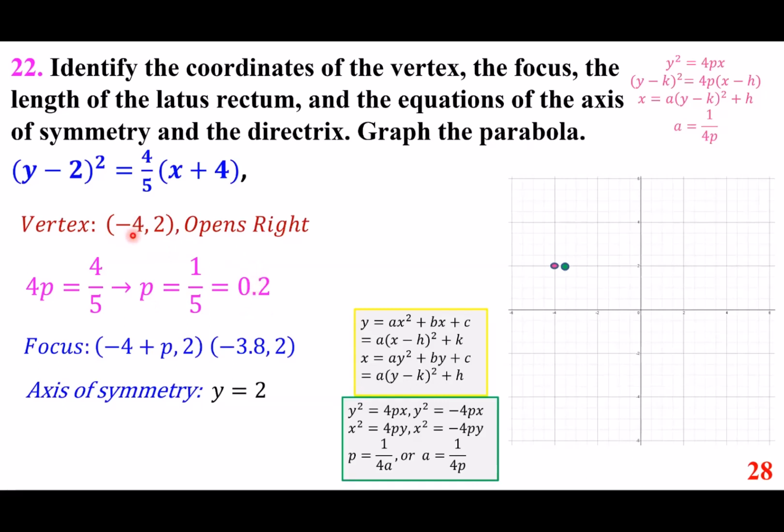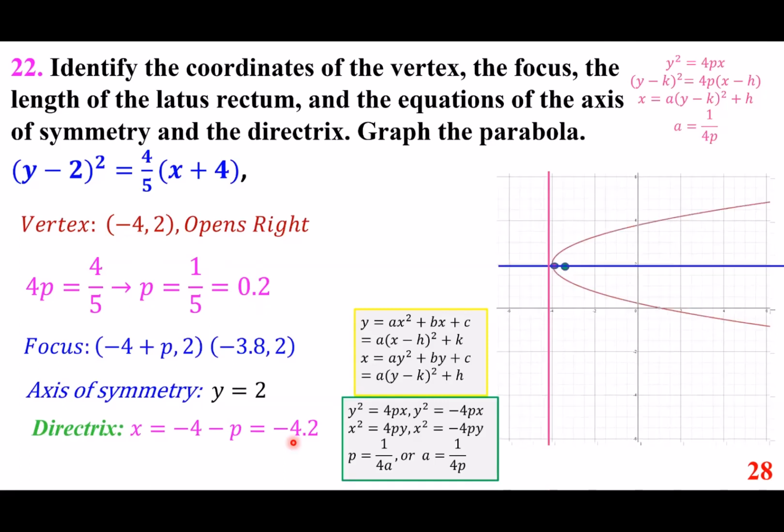So -4 minus 1/5 or minus 0.2. Therefore, x equals -4.2 is the equation of a directrix. So this is the axis of symmetry, and this is the directrix. And that's the graph.